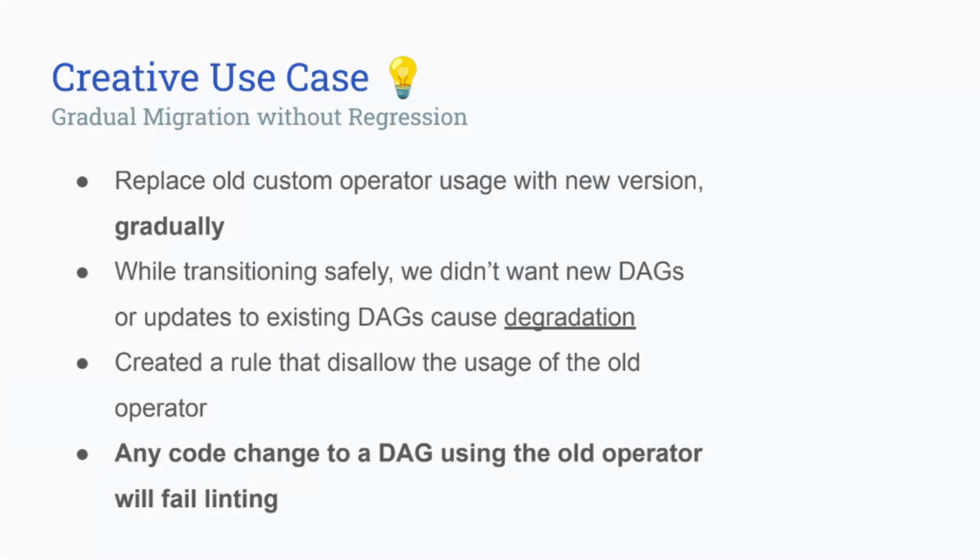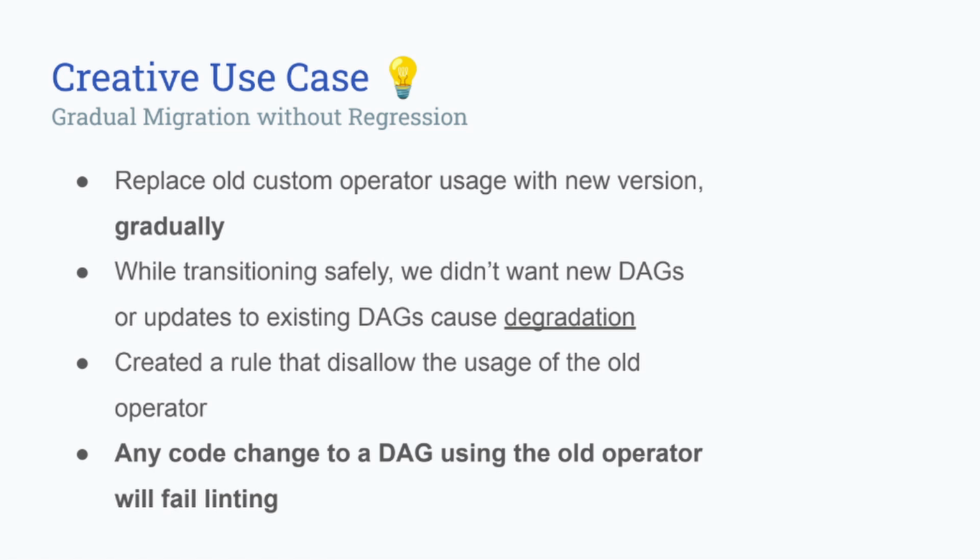Before I wrap up, I also wanted to mention that as we started using the tool, we found creative use cases for it outside standardization. So we had a very big project. We have a custom operator we built for data quality. It connects to your talk from before. And we wanted to replace it with a new version, but we wanted to do it gradually. The thing with gradual migration is that you can get regression.